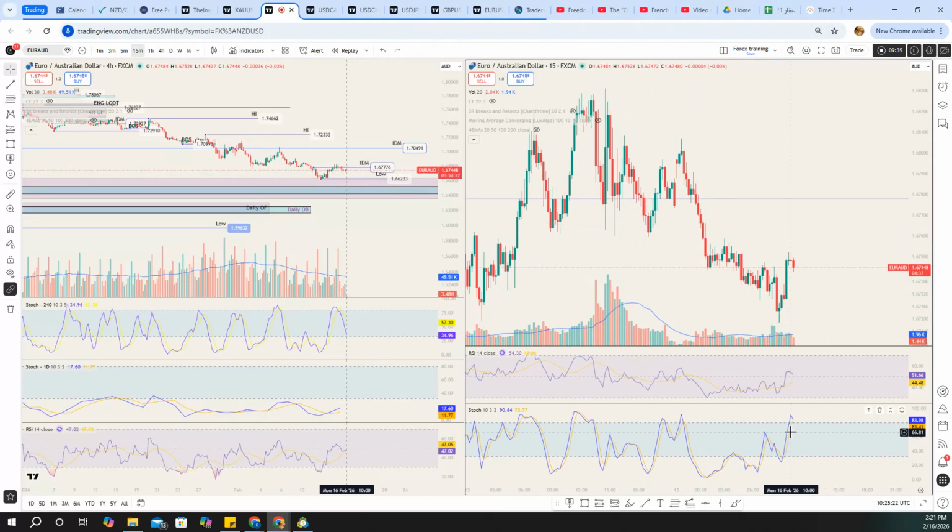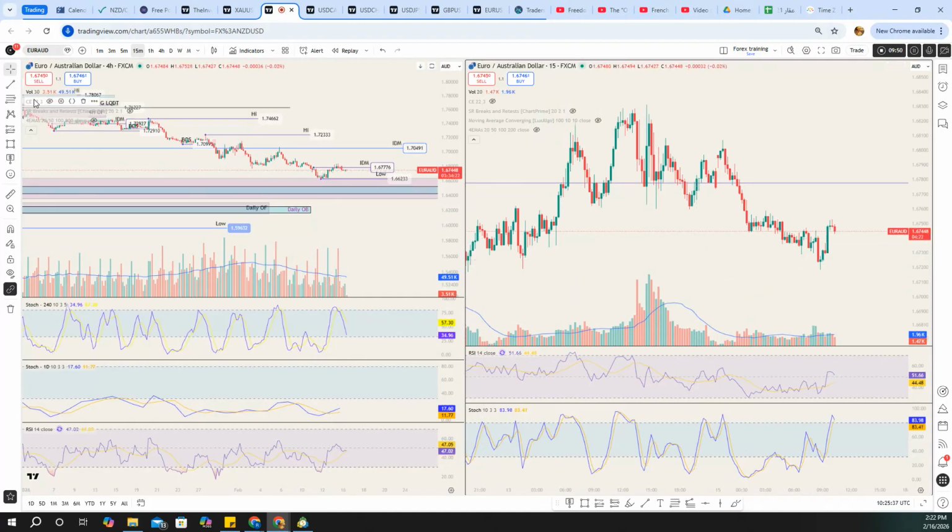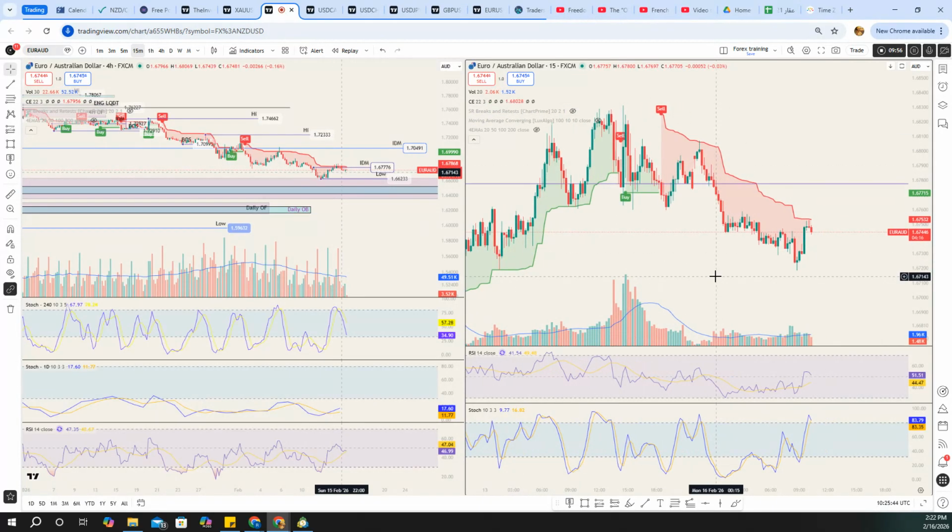Now my trigger, if we are going to take a sell position, is that the 15 stochastic needs to go below this bound, below the 32 bound. And if we have the Chandeliers, both are sell.